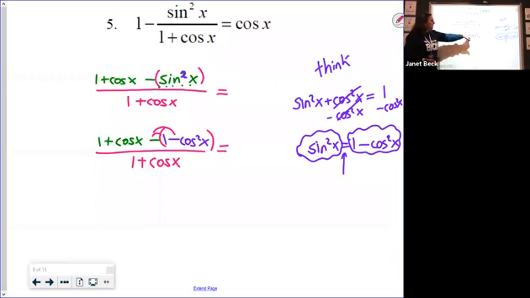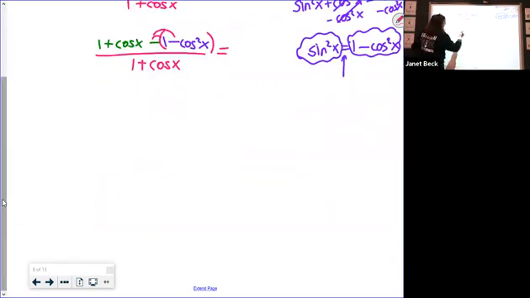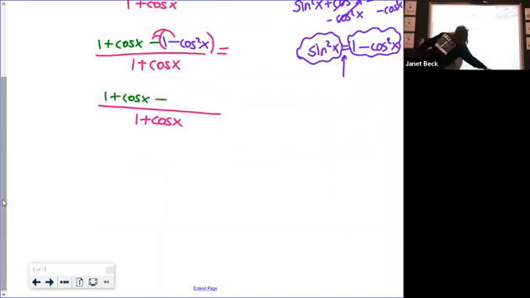So I'm subtracting the negative, that minus needs to be turned into a plus. Distribute the minus, that turns into a plus.